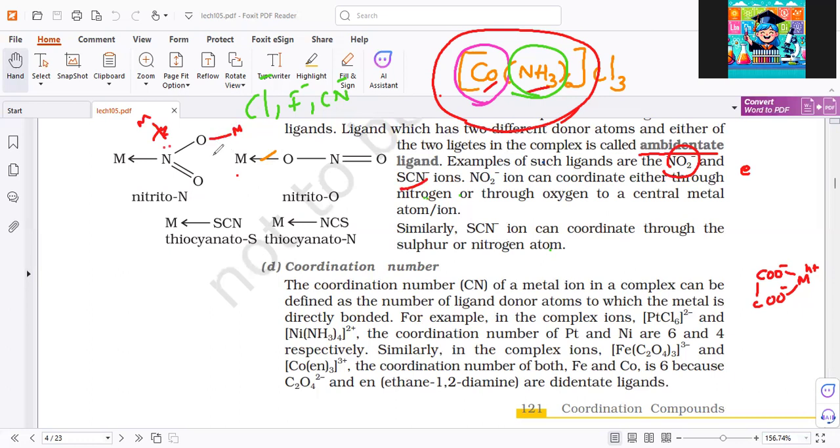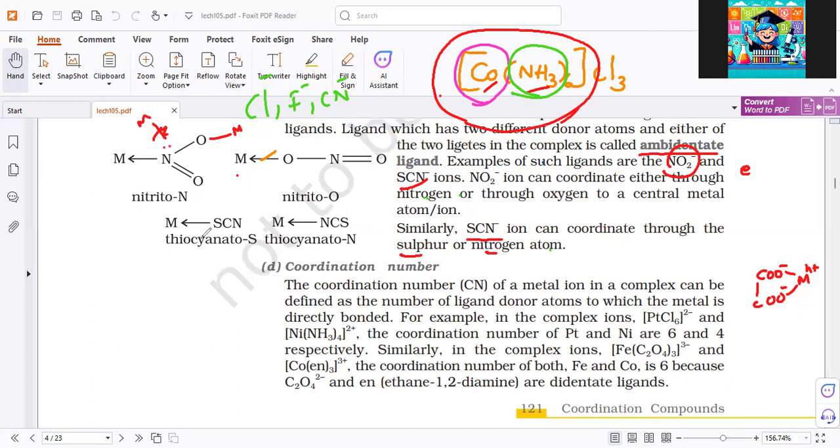So at a time, only one will take part in the ligation. Similarly, thiocyanate ions can coordinate through sulfur or nitrogen. These two are regions of electron richness.